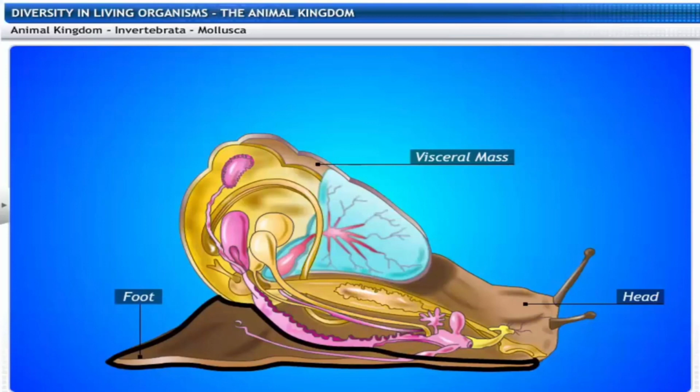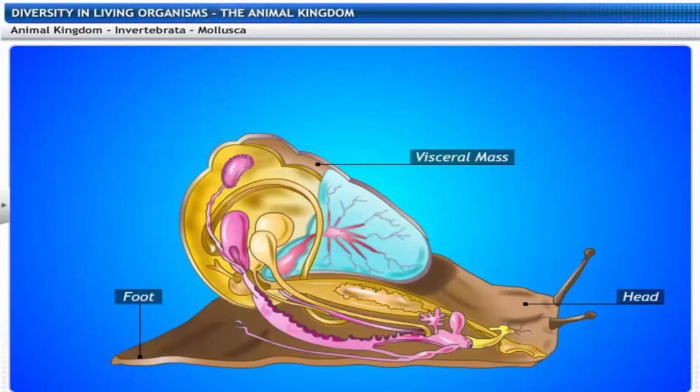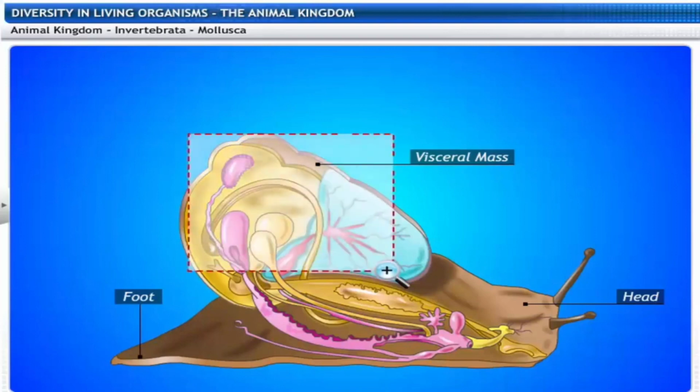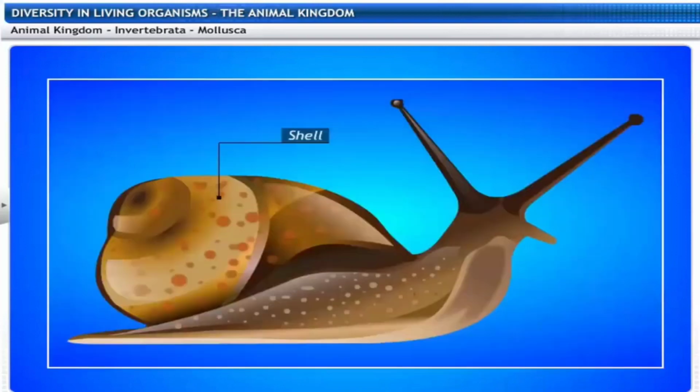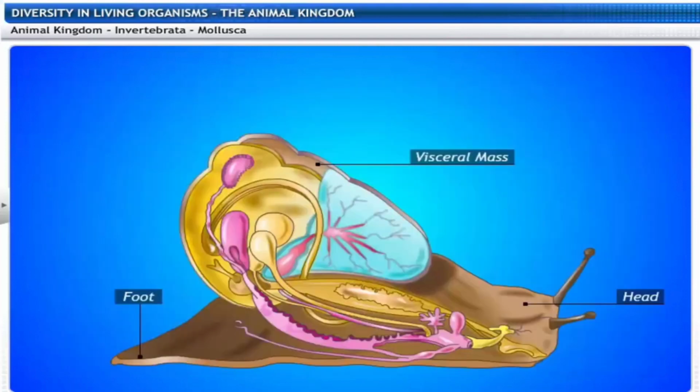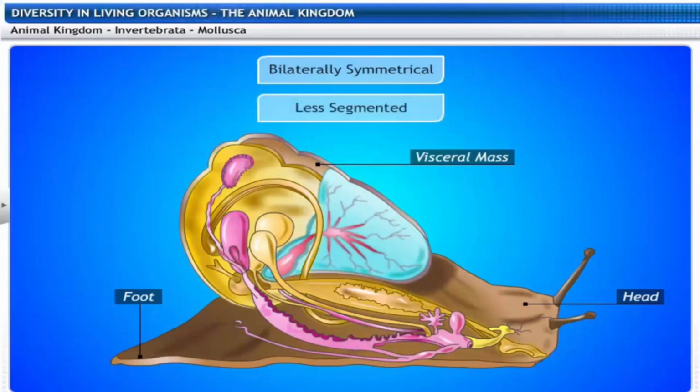Locomotion in mollusks is by means of a muscular foot. Their bodies are enclosed in a hard, calcareous shell. Their bodies are bilaterally symmetrical and less segmented.